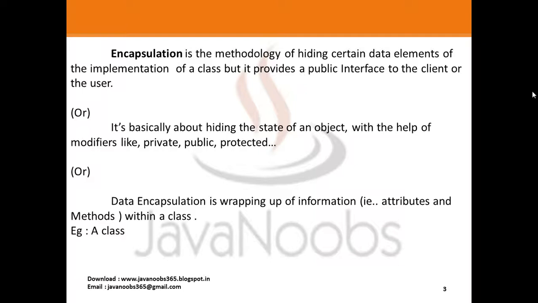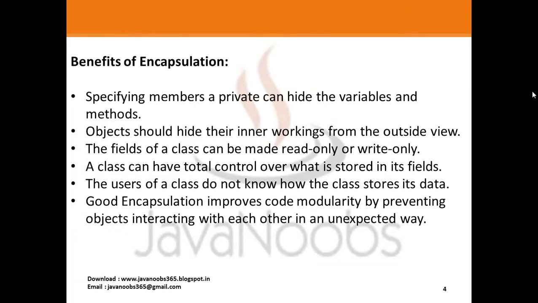Information here refers to attributes and methods within a class. The best example of data encapsulation is a class. Whenever you create a class, all the attributes and methods go within the class. Whatever you write outside of the class will never be accessible. So that is known as data encapsulation.